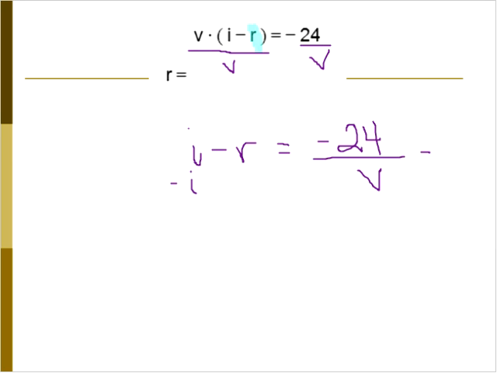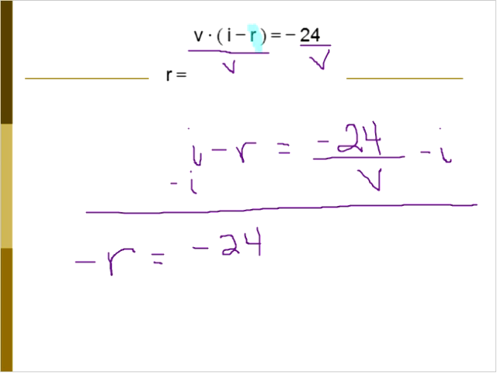So that's my next step. So after I subtract I from both sides, I am left with negative r equals a negative 24 divided by v. And notice that just the 24 is divided by v this time. Okay, because we had division in that very first step, only the 24 is divided by it.